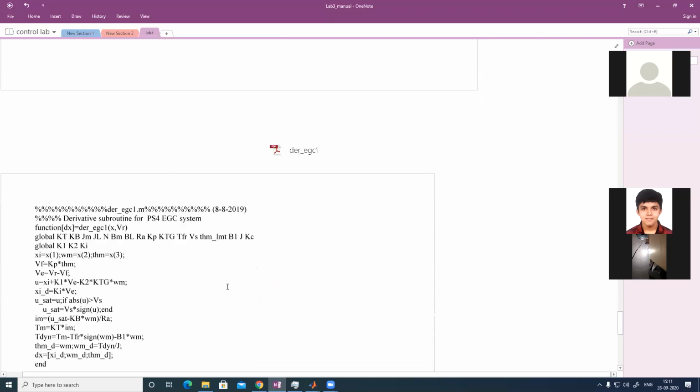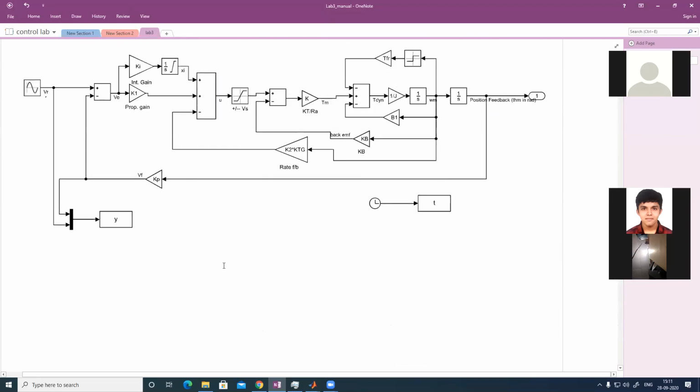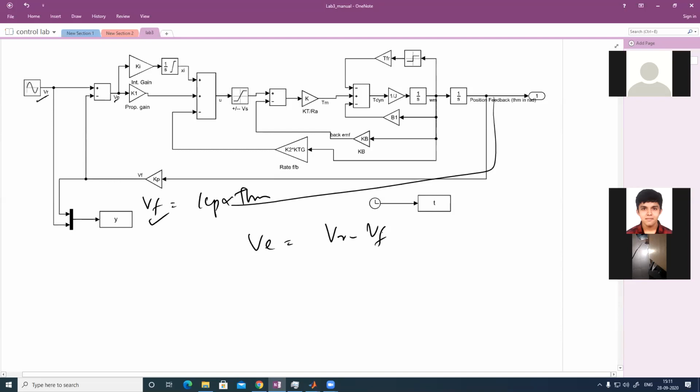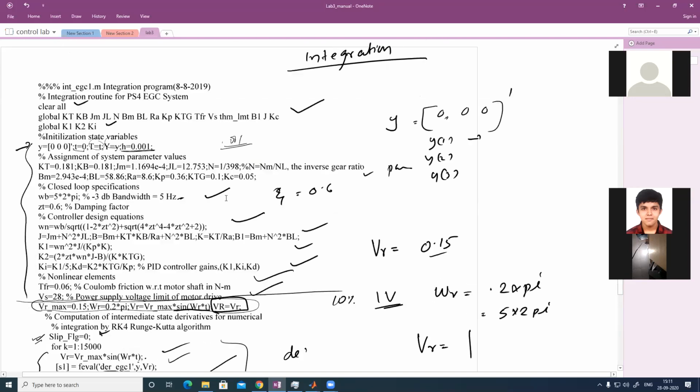So Vf is coming here. This Vf is equal to Kp into this theta m. And VR is fixed here. V is equal to VR minus Vf. These things you are doing in the derivative subroutine.